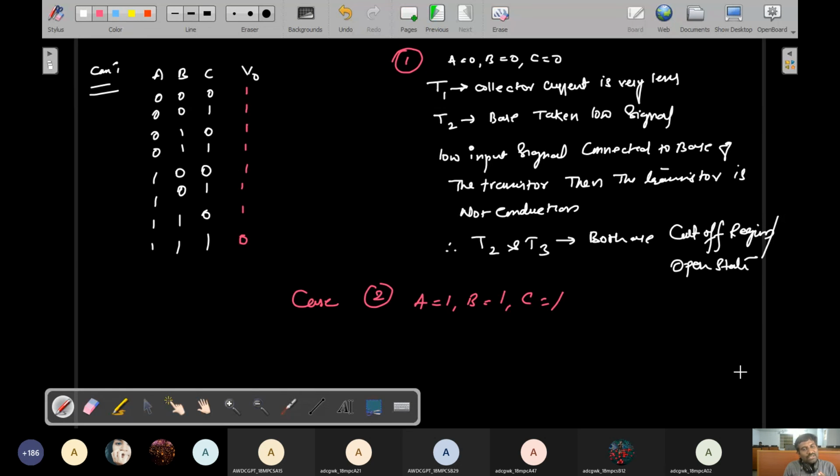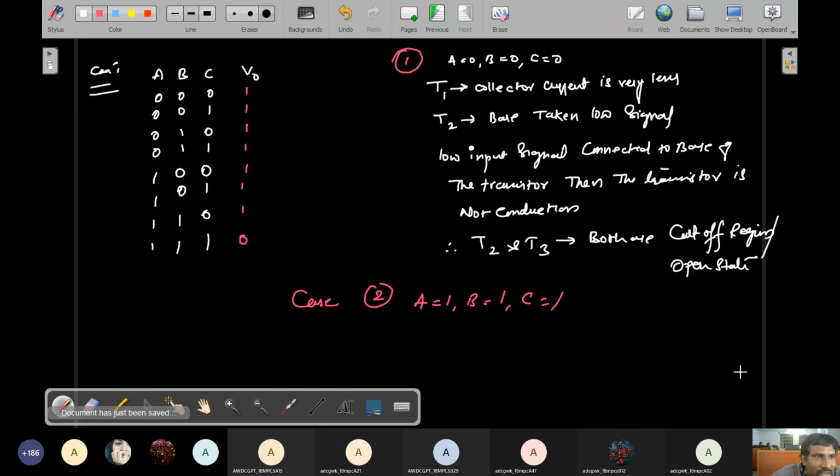In the saturation region it shows a short circuit. Due to this short circuit, the terminal is directly connected to ground potential. If one terminal is connected to ground, and that terminal is connected to plus VCC, then the plus VCC voltage completely drops to ground potential. Therefore our output voltage shows 0.